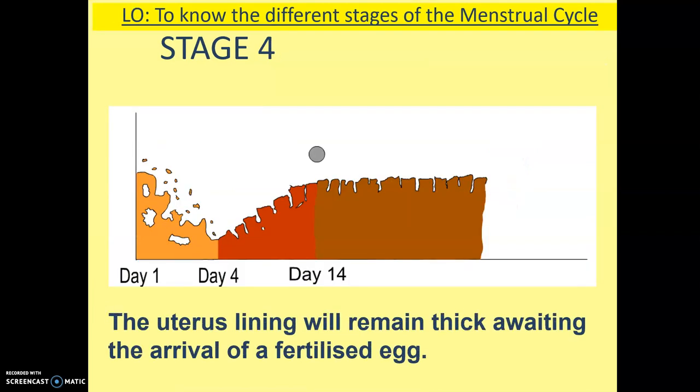Now let's move on to the rest. The uterus lining will remain thick, awaiting the arrival of a fertilized egg. Remember, the egg is released, which is ovulation, but then the egg is going to remain there until it gets fertilized. While it's waiting to get fertilized, the uterus thickens.